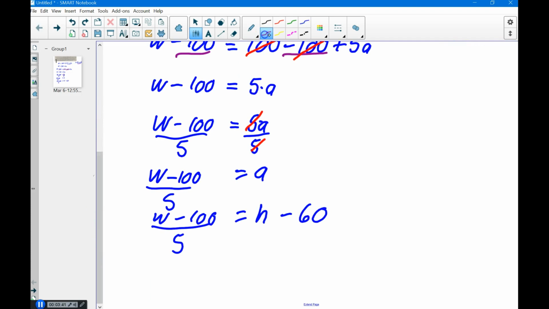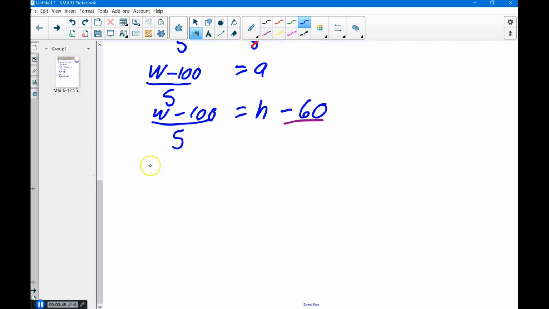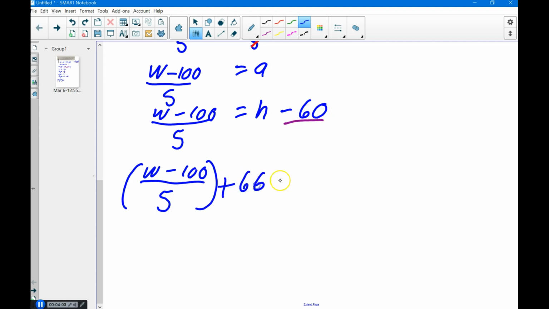So I want to get rid of the 60. This time it's a minus 60, so I've got to add 60 to both sides. I'm going to use brackets, big brackets over here. Don't let them scare you. W minus 100 over 5 plus 60, or sorry, plus 60. On this side, 60 equals H minus 60 plus 60.